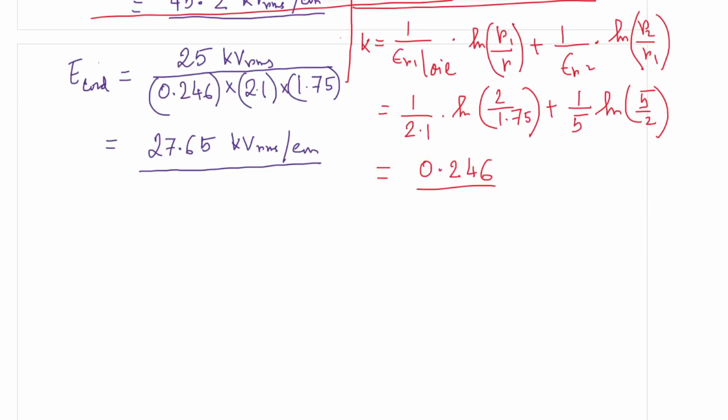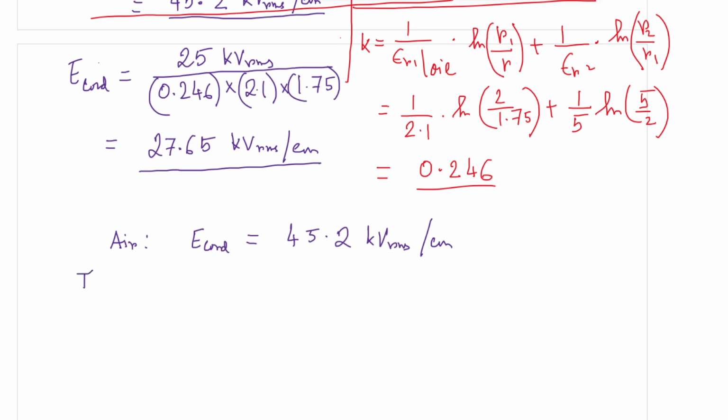So we have seen two cases. When we have air, the stress on the conductor is 45.2 kV RMS per centimeter.